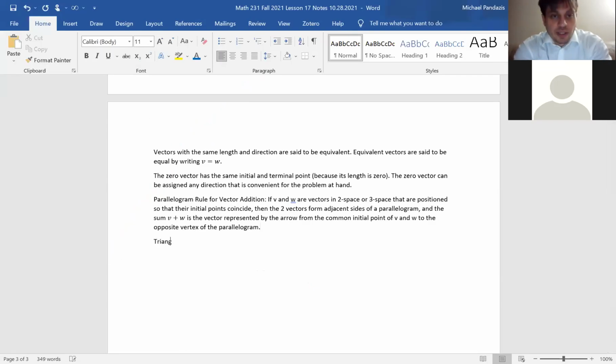The next rule is the triangle rule for vector addition.